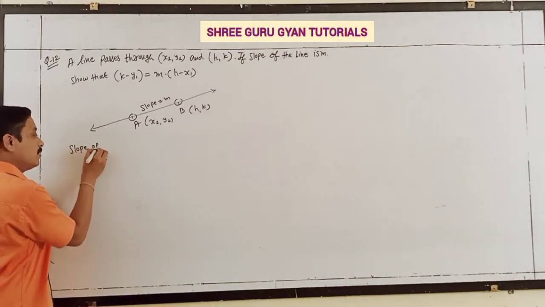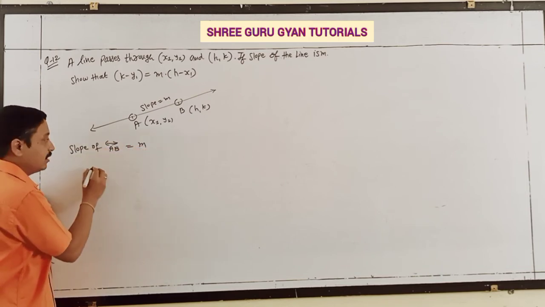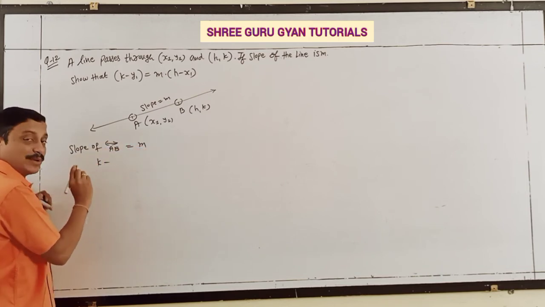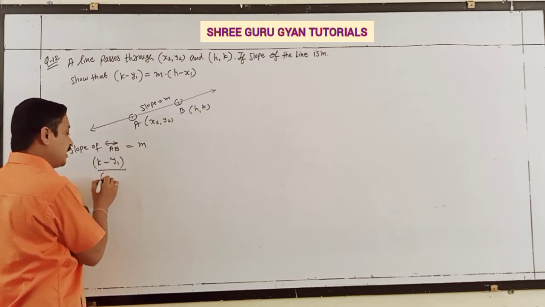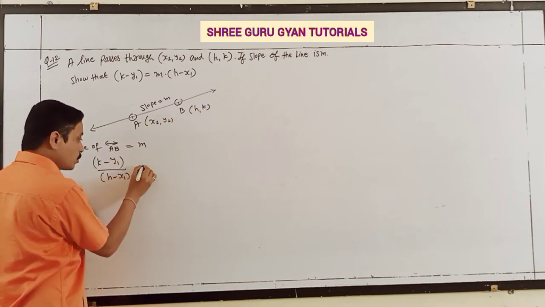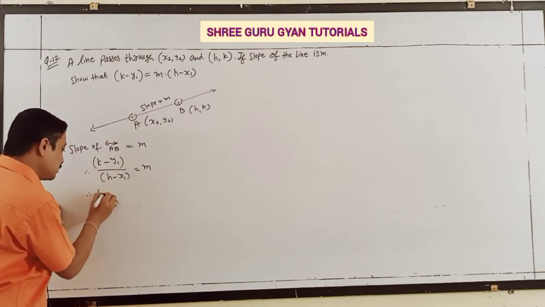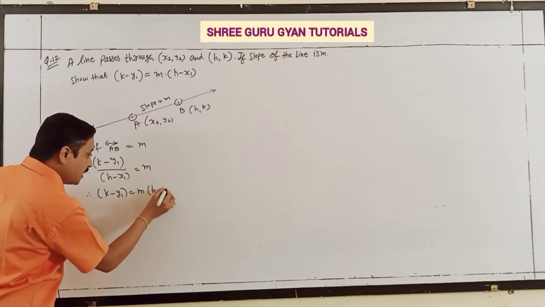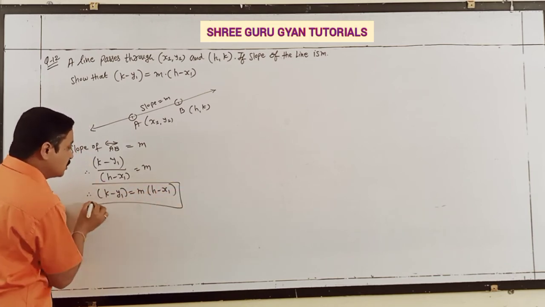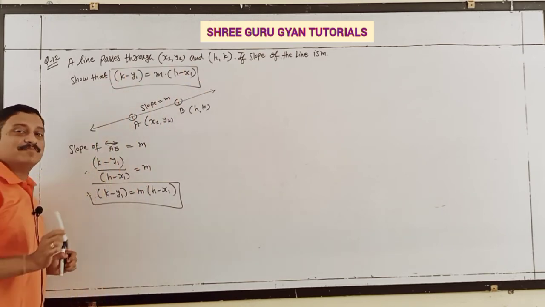Slope of line AB is m, already given, equal to (y2 minus y1) by (x2 minus x1), which is (k minus y1) upon (h minus x1). And students, you can apply a simple cross multiply. So k minus y1 is equal to m (h minus x1). And that's it, students, our target is proved. Simple, done.